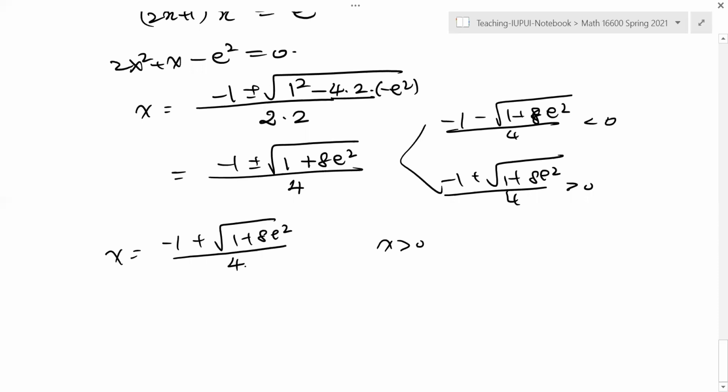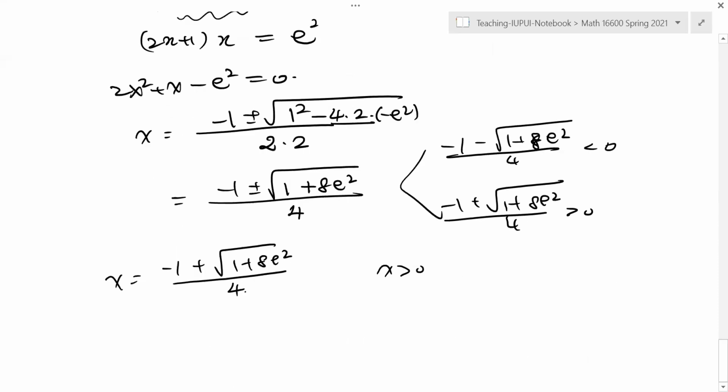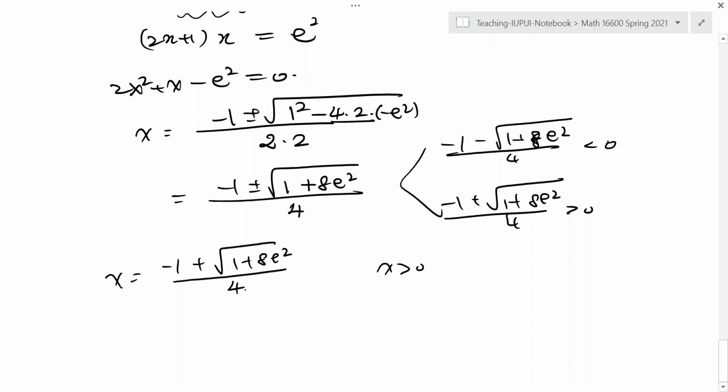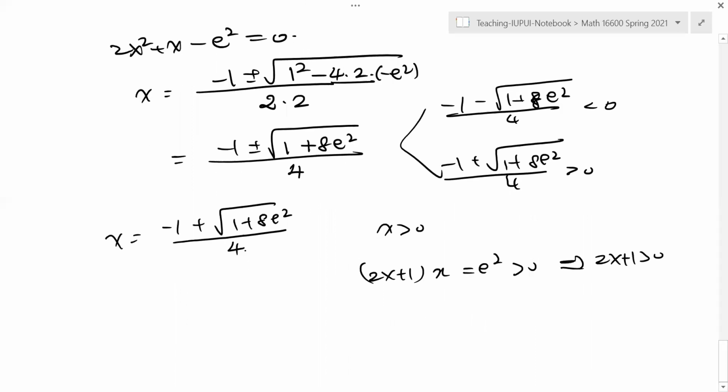But you also have to guarantee 2x plus 1 is positive. I think that's clear: if x is positive and 2x plus 1 times x is e squared, which is positive, this implies 2x plus 1 is positive. Don't worry about that. You don't need to check it directly, because x satisfies this equation. X is positive, so 2x plus 1 definitely is positive. So this is a solution.